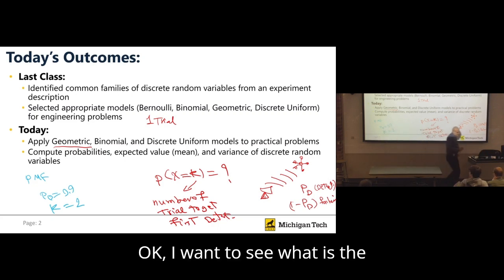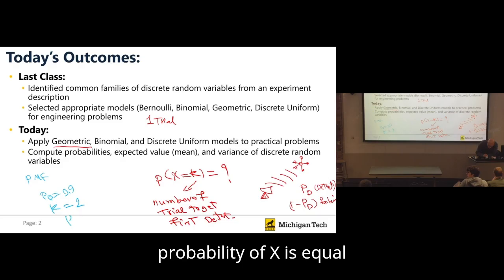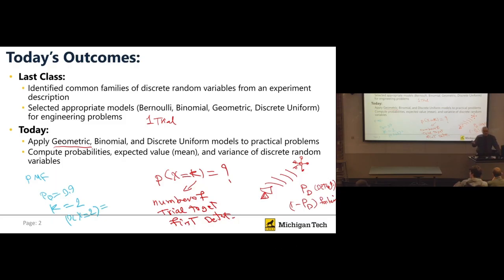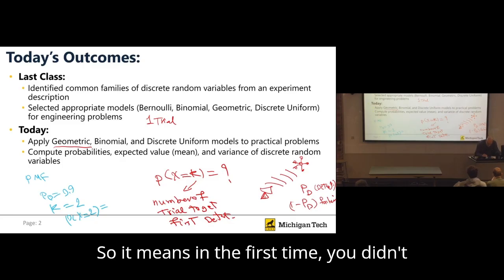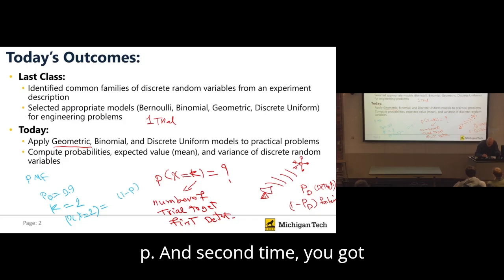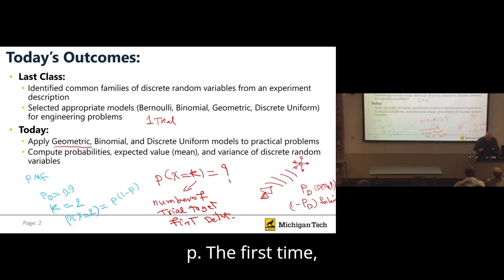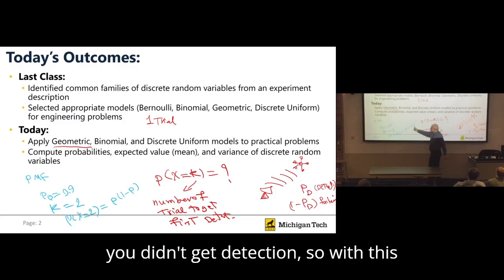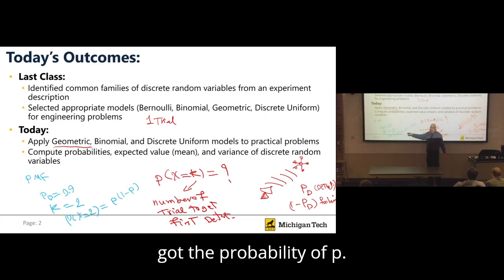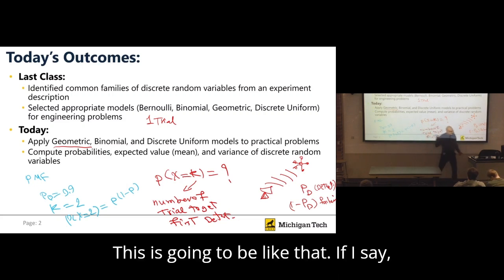I want to see what is the probability of X equals 2. If it's the second time I get detection, it means the first time you didn't get detection, so you get 1 minus p, and the second time you got p. The first time you didn't get detection with this probability, and for the second one you got the probability of p. This is going to be like that.